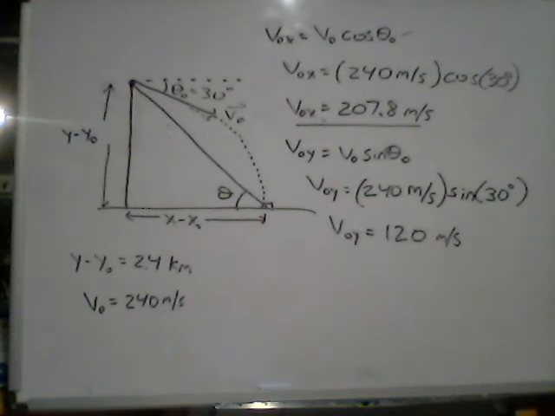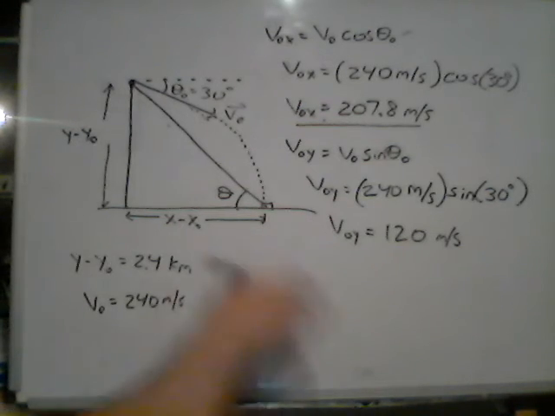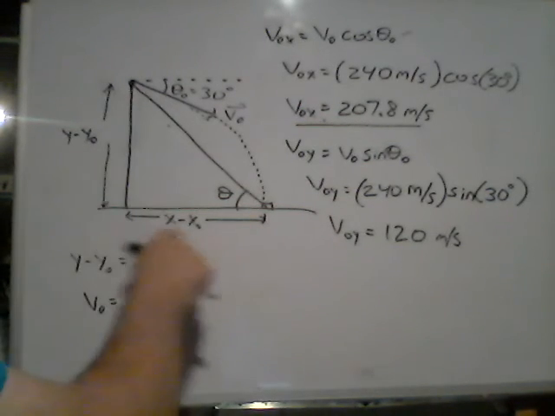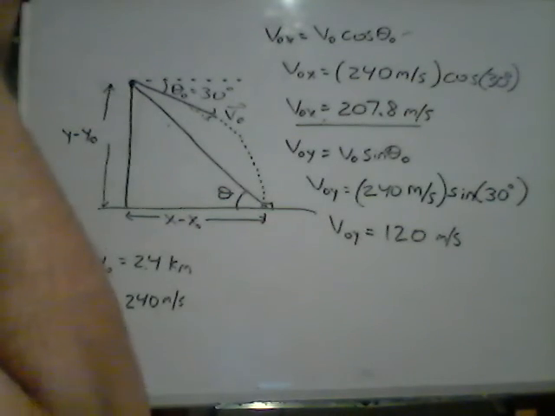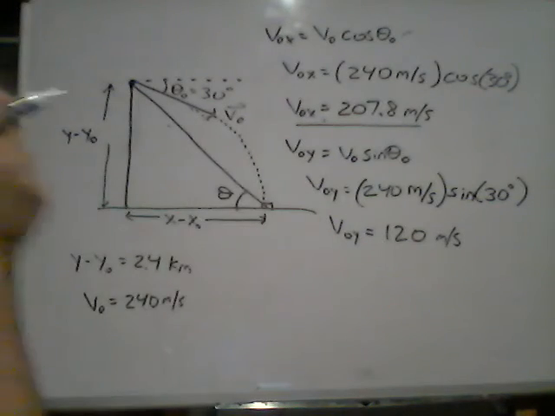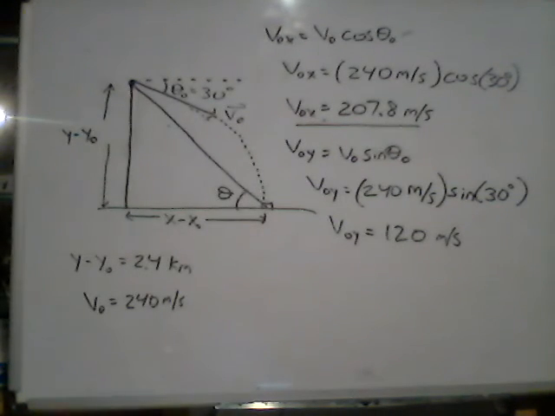But again, what is it that I'm eventually after? I know y minus y naught. I need x minus x naught. I could find x minus x naught if I knew how long this problem was going to last, because it's a simple constant velocity motion in the x direction.